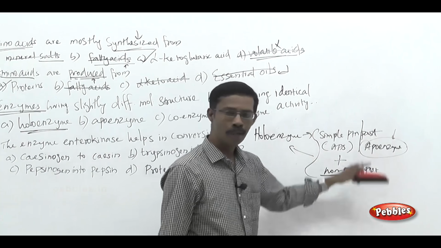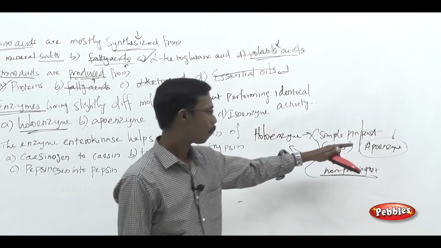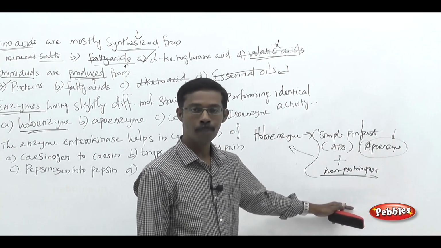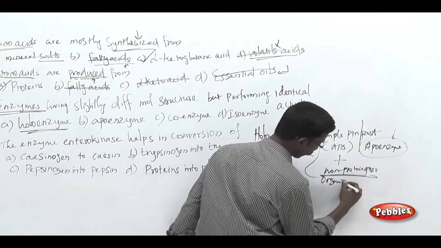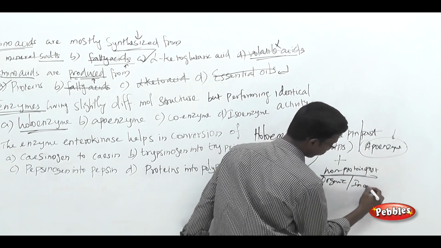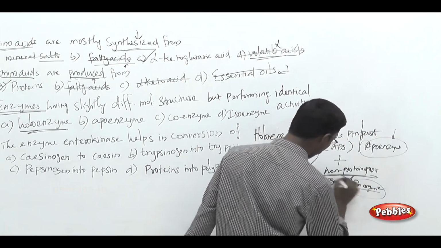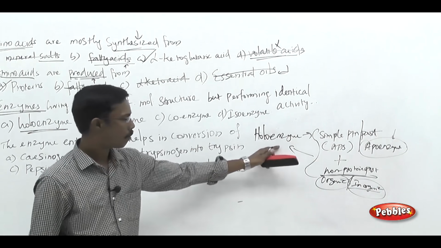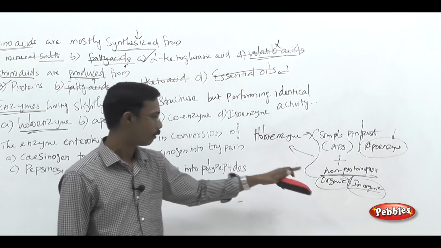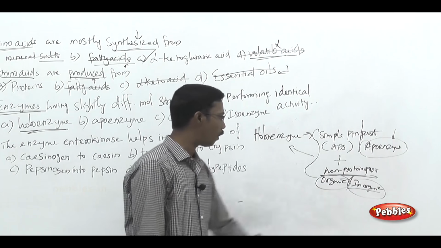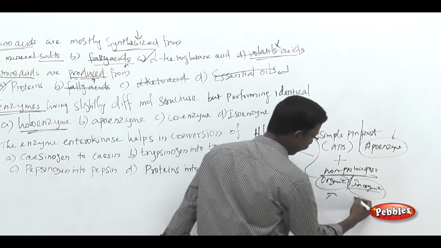There are two regions in the particular holoenzyme, protein part and non-protein part. The non-protein part may be organic or inorganic. The point you have to remember over here, apoenzyme refers to the protein part of the enzyme. The non-protein part may be organic or inorganic.